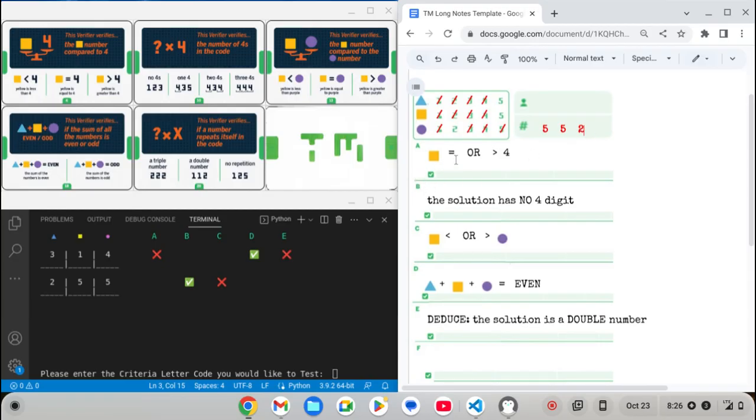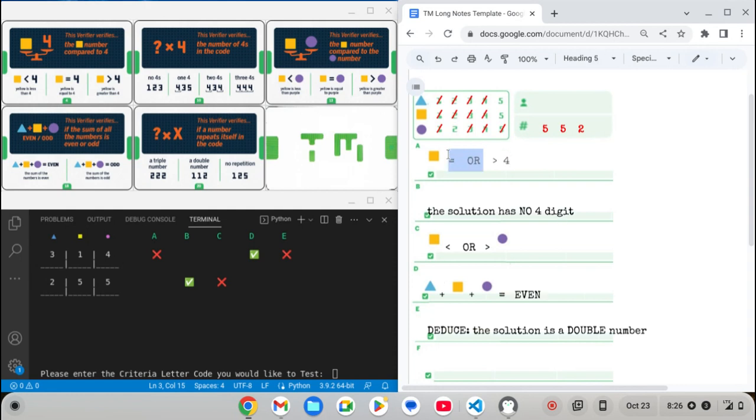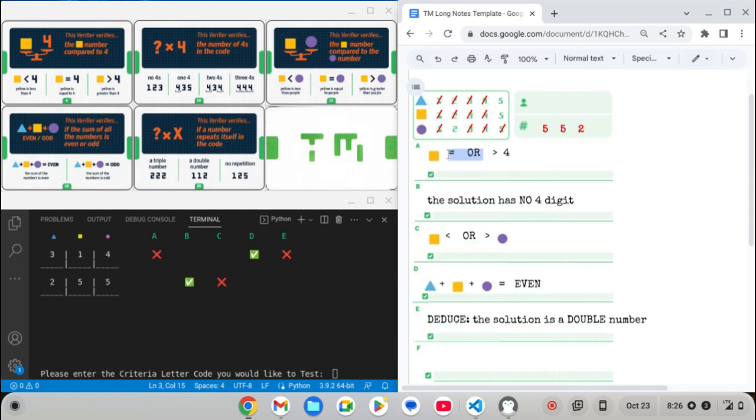And let's talk about the square criteria card A. Let's actually say it's not equal to 4 since there were none. So let's update our notes here. So square has to be greater than 4.